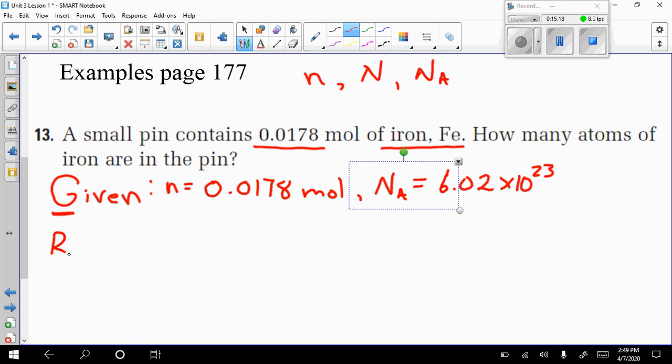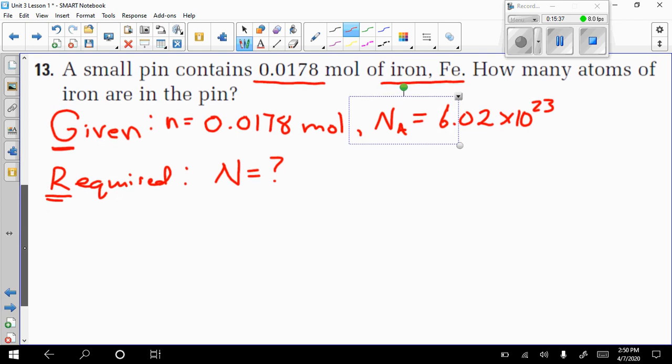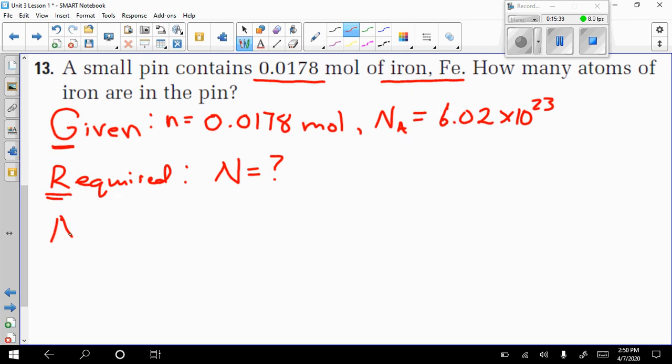Okay, the second thing I'm going to write is what's required. So the R, I'll often just write the R, required. And in this case, it says how many atoms of iron. Well, that's the number of particles, and so what they want me to solve for is the capital N. All right. The next thing I'm going to write is A, so G-R-A.